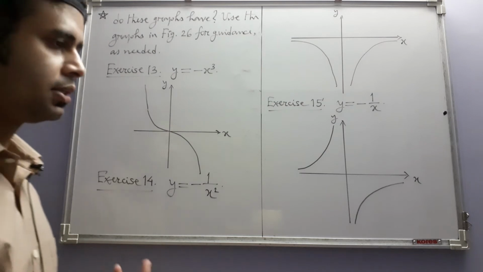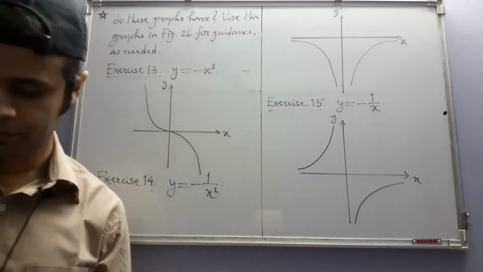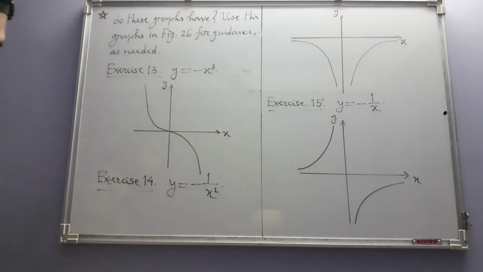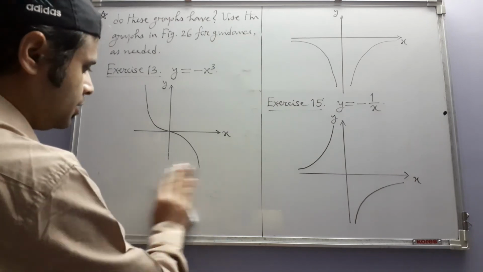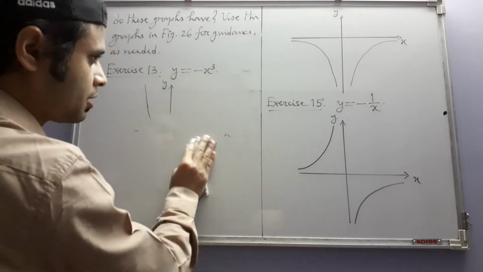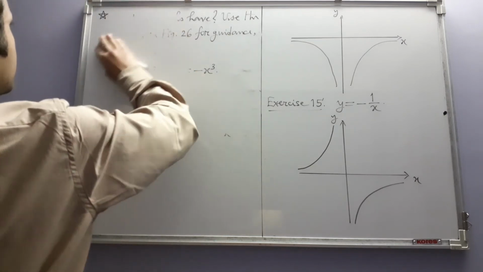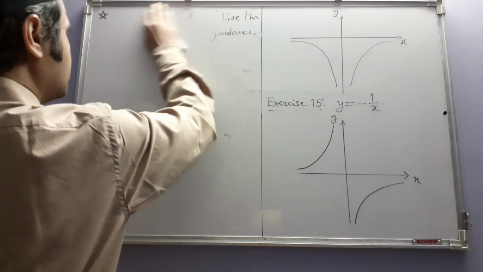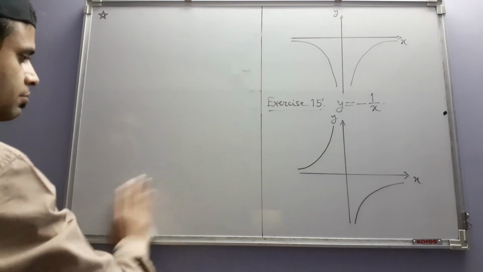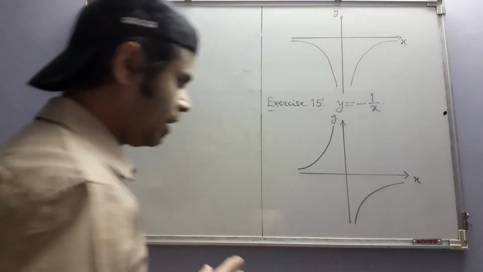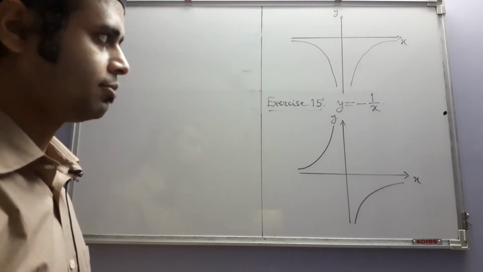Here also the graph is broken into two disconnected parts. You can figure out this graph from the graph of y equal to 1 over x. In fact, actually that's how one should figure out the graph.